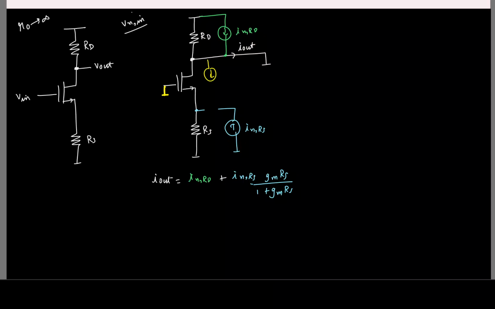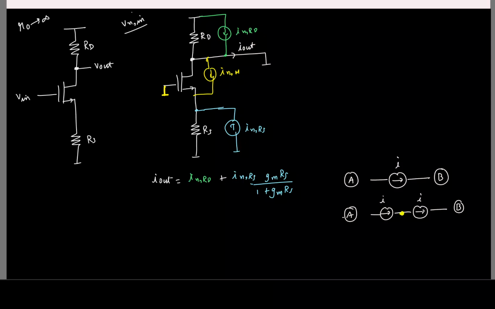I'll call it say INM, the noise current of transistor M. See, you can do it multiple ways, but there is one trick which I like. Let's say in any circuit, if you have a current source I between nodes A and B, I can split it into two current sources like this, each having the same current value, nothing changes.